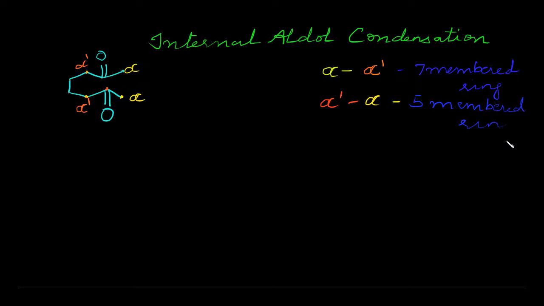When compared to a 7 membered ring, 5 membered rings are more stable. Thus, the correct way of addition should be from alpha prime, starting from here, leading to the formation of a 5 membered ring. Let us look at the mechanism.